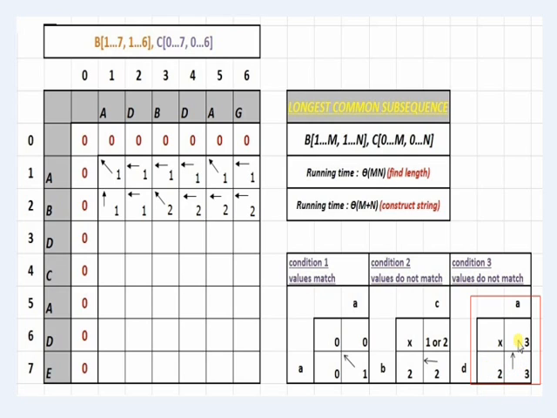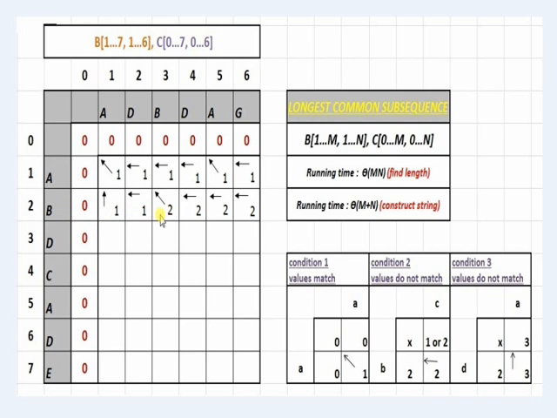Now, following the same suit, we are completing the entire row. We are copying the value from the left cell, and now again we have encountered a matching character, that is B and B. So again we fill the value by incrementing the value in the diagonal cell.